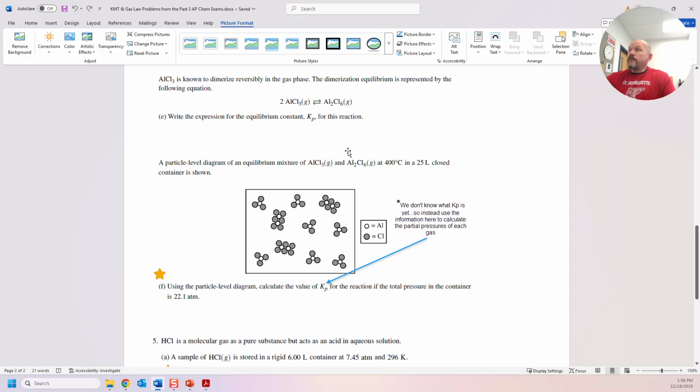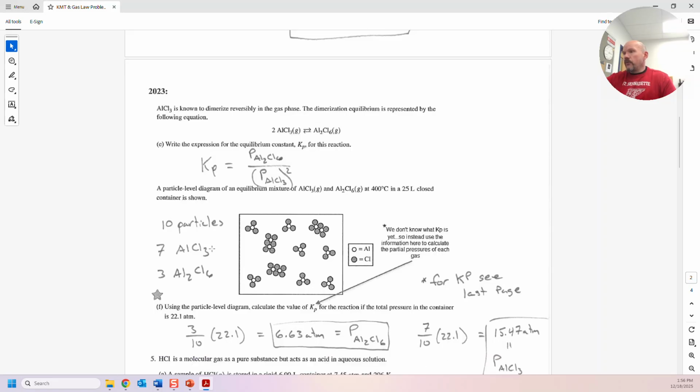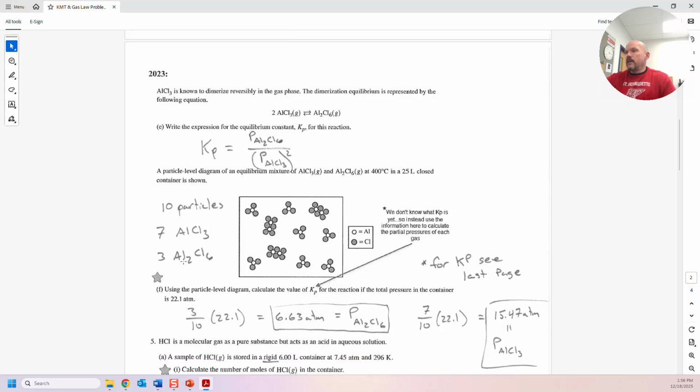Or as soon as we find the partial pressure of one, we subtract it from the total, and that would give us the partial pressure of the other one, right? So we'd have to count the number of particles, and see that 7 out of the 10 are AlCl3 and 3 out of the 10 are Al2Cl6.